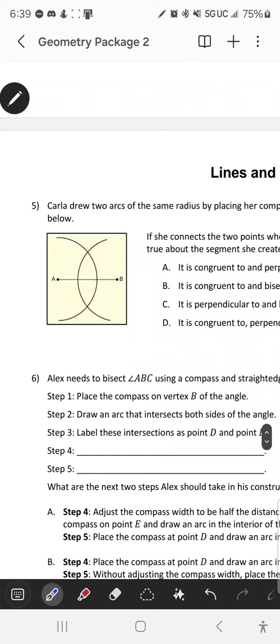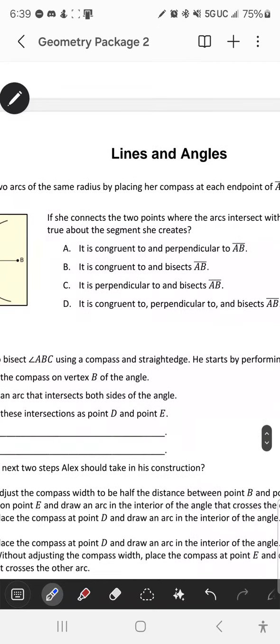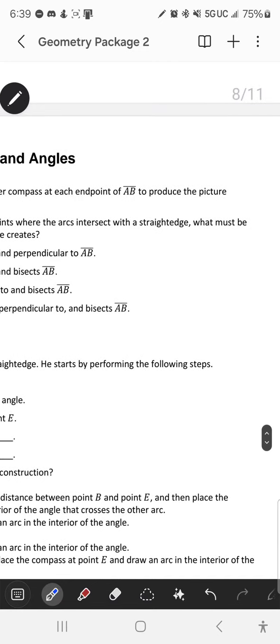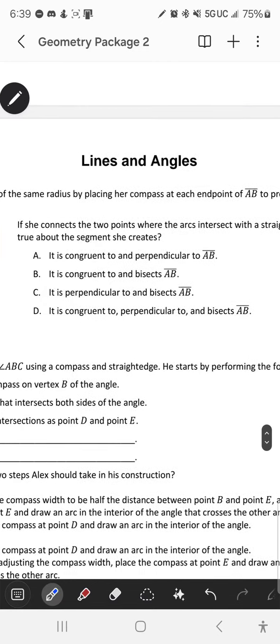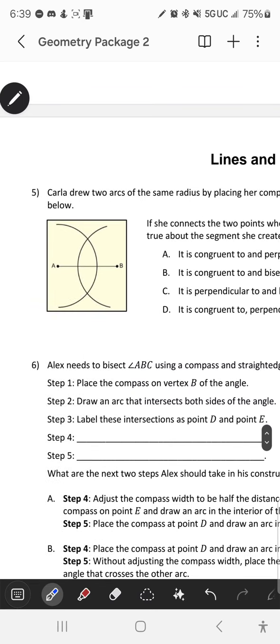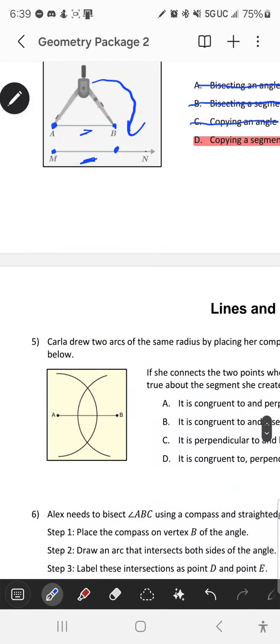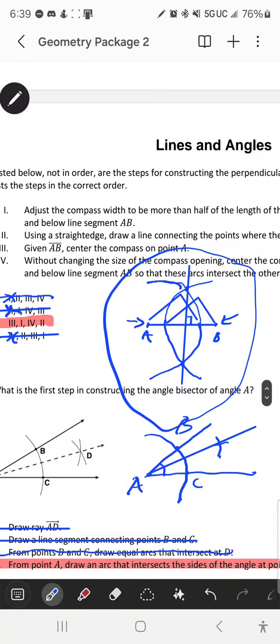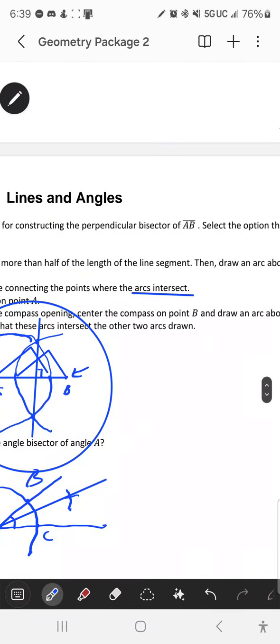Now let's see here. 5. Carla drew two arcs of the same radius by placing her compass at each endpoint of AB to produce the picture. Okay, I don't know about you guys, but did you see this? It's actually the same as it was here.